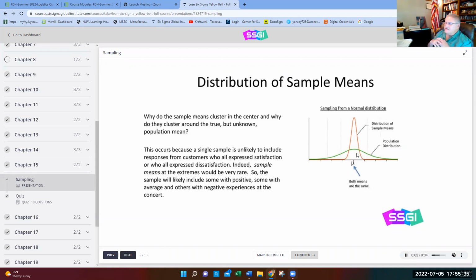This kind of is showing you what a normal distribution looks like. We've got this big hump there, and then we've got a population distribution. And so let's say that for part of this sample, we just want to measure the part that is the market we're looking for.